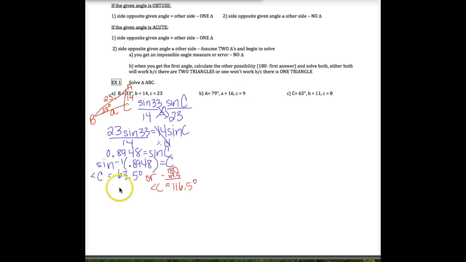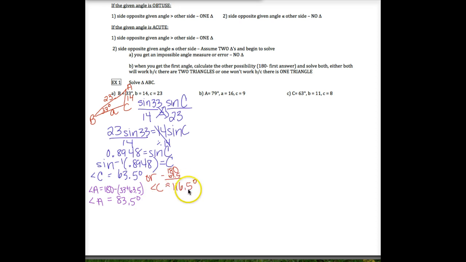These are a lot of work because you have to solve two totally separate instances. So if C is 63.5, then I can find side A by finding angle A. So I can do angle A equals 180 minus the two that I already know. So that would be the 33 I was given and the 63.5. So if C is 63.5, then A would be 83.5 degrees.